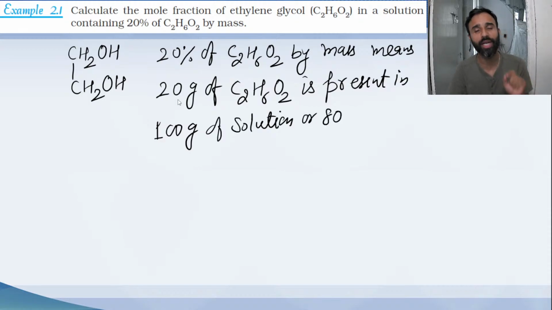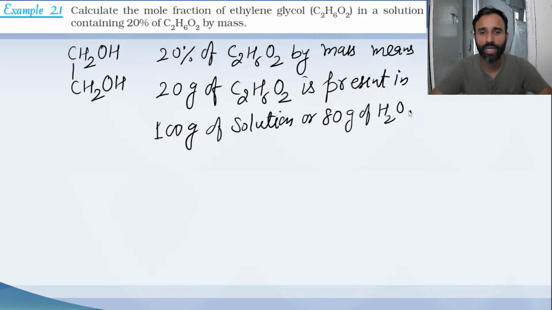Because total solution is 100 gram, out of 100 gram 20 gram is ethylene glycol, so that means 80 gram of water. So we have 20 gram of ethylene glycol and 80 gram of water.